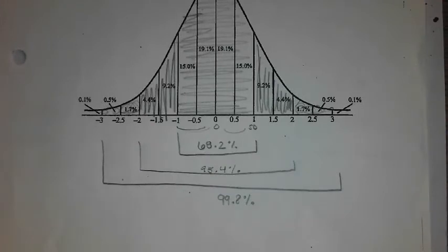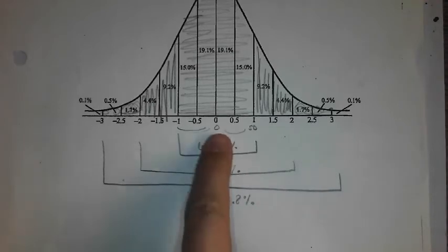So it would be highly, highly unusual, a 0.2% chance. Think about that. That's less than a 1% chance that someone would fall more than 3 standard deviations from the average.